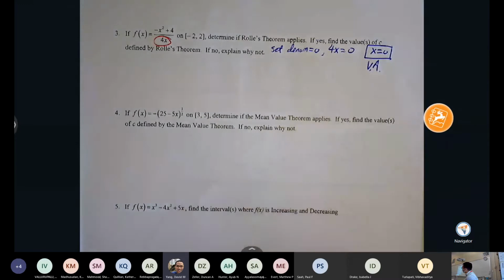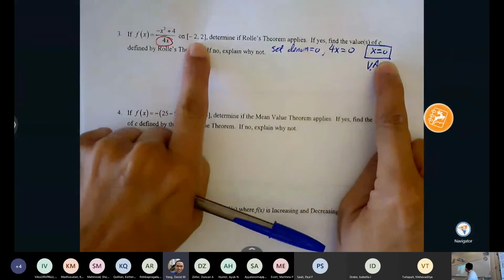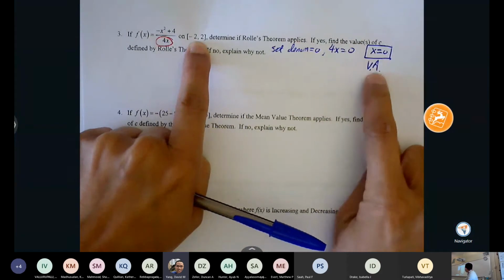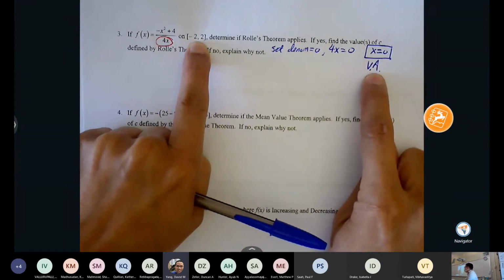Okay. Now, if there's a vertical asymptote, does it automatically negate our condition? Okay. We always have to go back and check against what? Interval. Okay. Is our problem landing inside our interval? Yes. So is our function continuous on the closed interval?